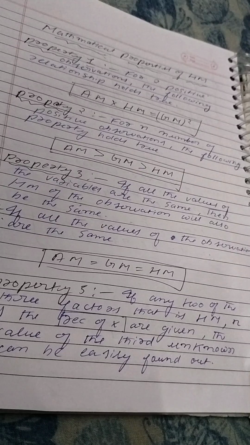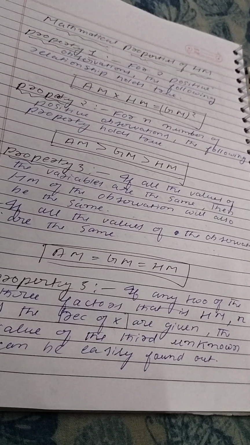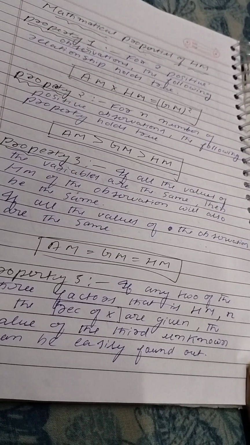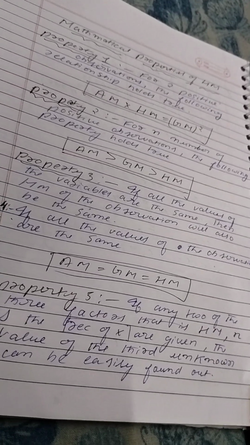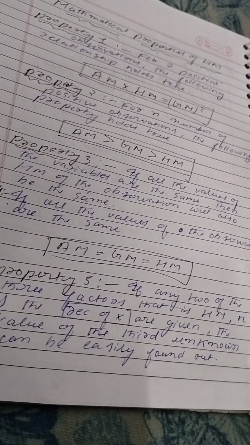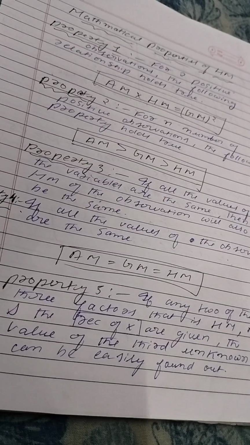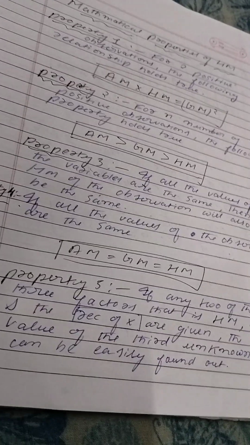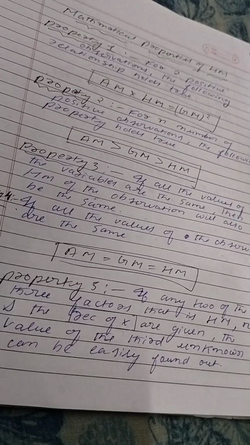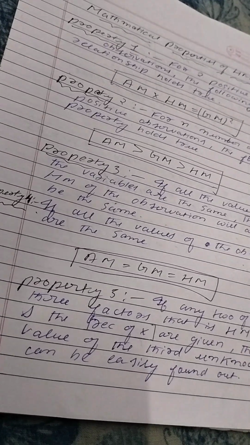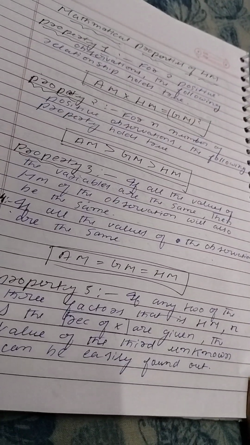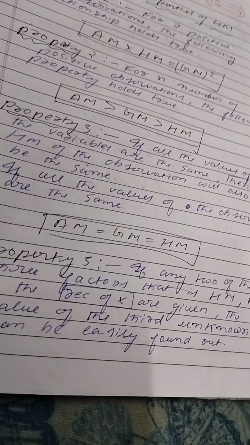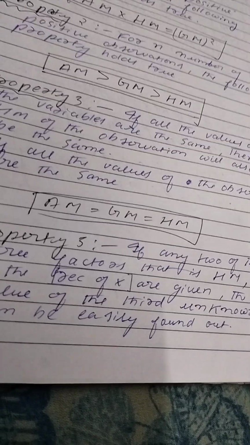If all the values of the variables are the same, then the HM of the observations will also be the same. Let's suppose all the observations are 2.